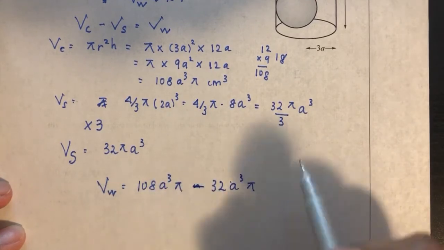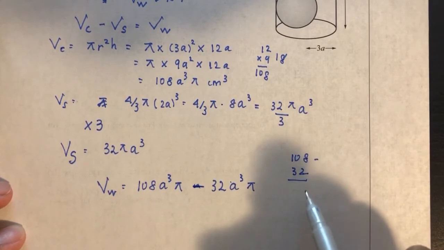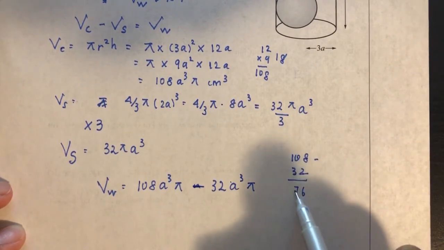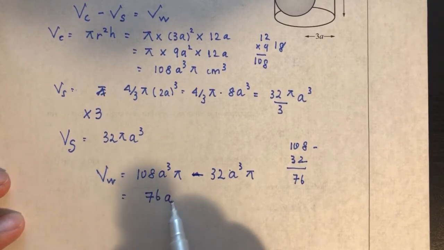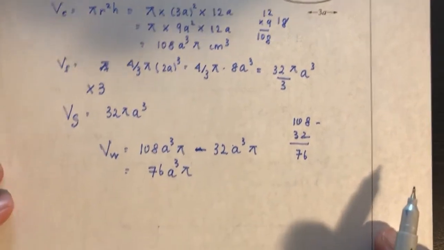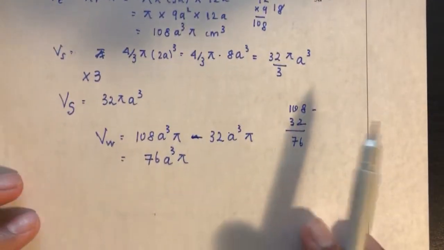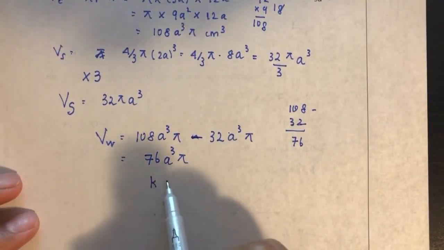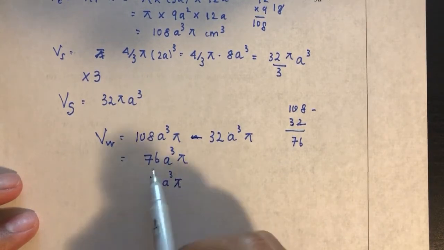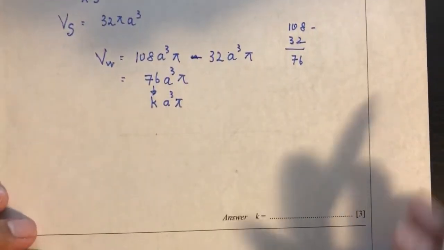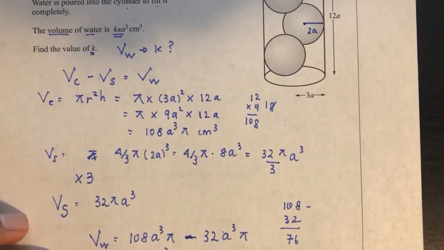So let's do that: 108 minus 32, 8 minus 2 is 6, 10 minus 3 is 7. The answer will be 76a cubed pi. Now let's compare this to the given volume of water, k a cubed pi. So the value of k will be 76. And that is question number 16.